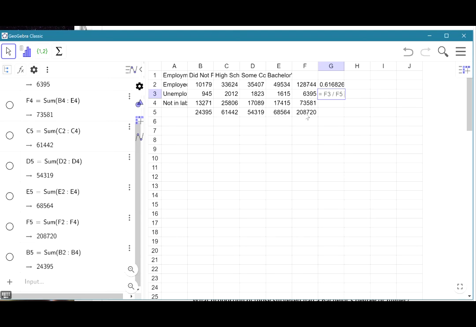I'm going to divide this one by the total, and that's 0.031. And here, these are the ones who are not in the labor force, so that 73,581 divided by 208,720. And then do it similarly for the columns. So our total for that column divided by the total in the whole sample, and the same all the way across.